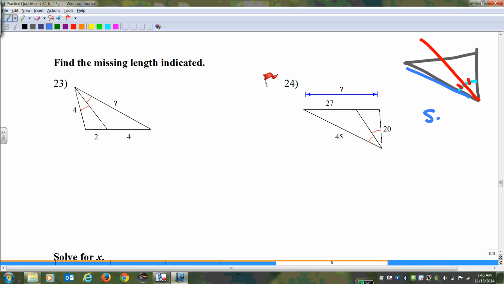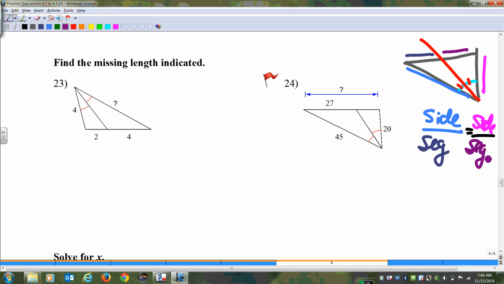This side over this segment equals this side over this segment. Side over seg equals side over seg. Notice the pattern here. Side over seg equals side over seg.